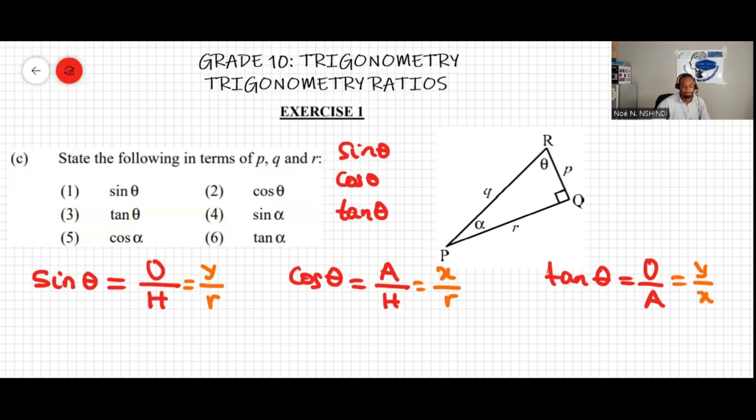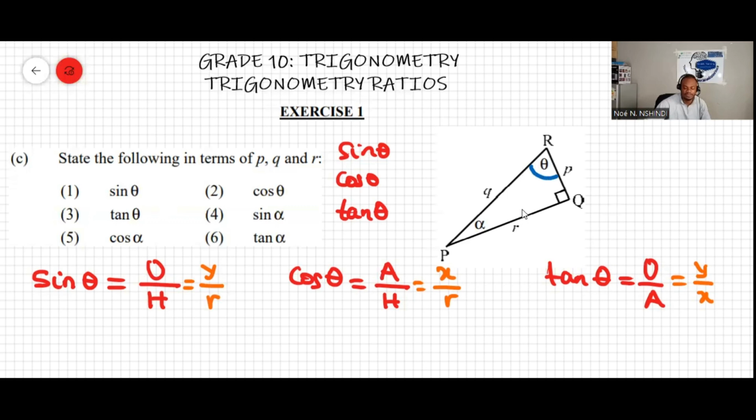Now let's answer the questions here that said state the following in terms of P, Q, and R. Number 1 here we have sine of the angle theta. Now look at where theta is. Theta is over here. Sine of the angle is opposite over hypotenuse. So look at the side which is opposite to this angle theta.